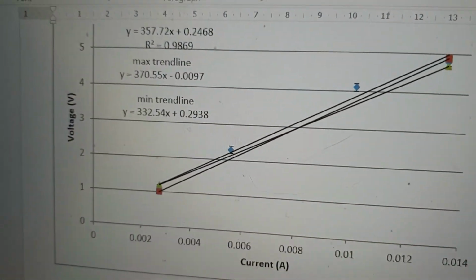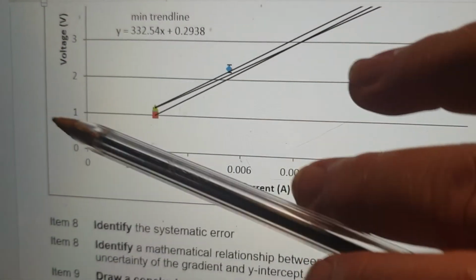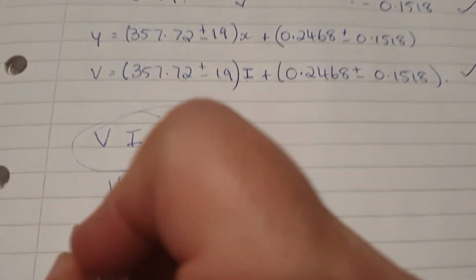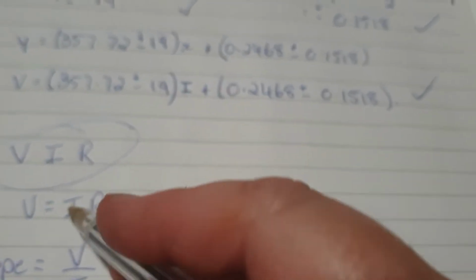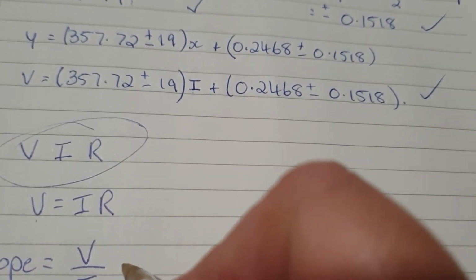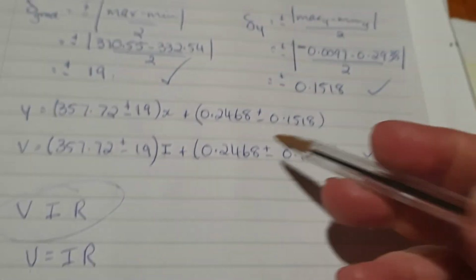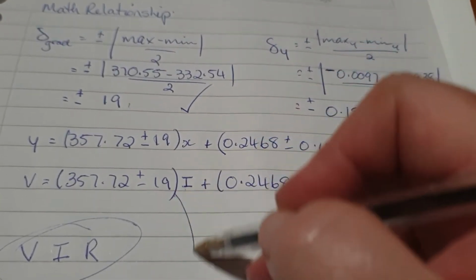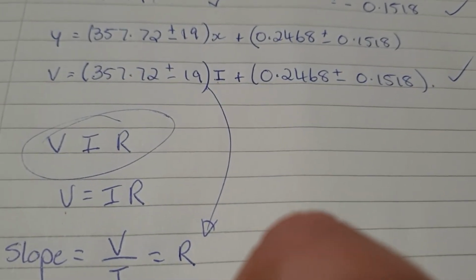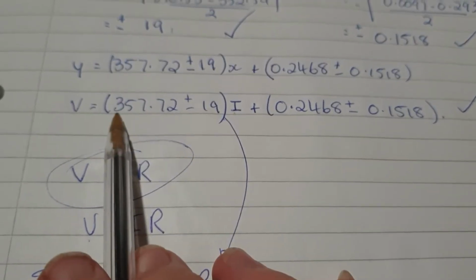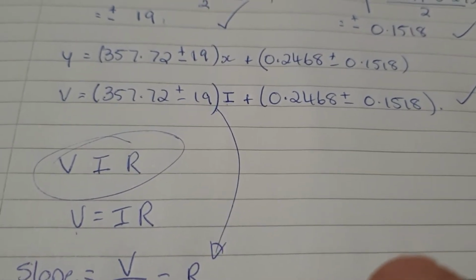Rise over run, so voltage over current. So I rearrange this formula so that it matches that: slope equals voltage over current, and V over I equals R. So the resistance equals the slope. We just worked it out.